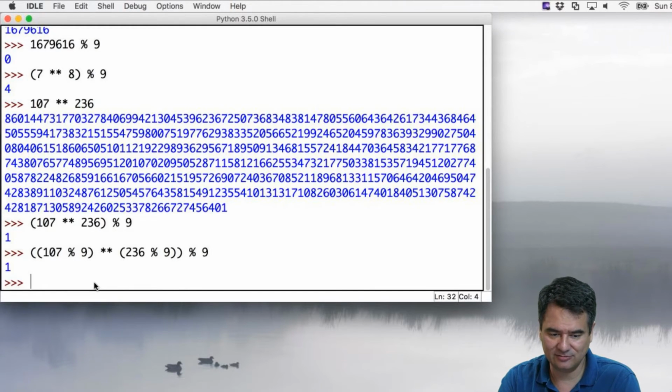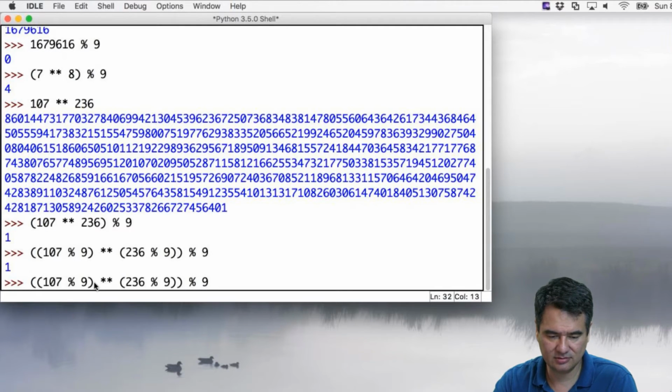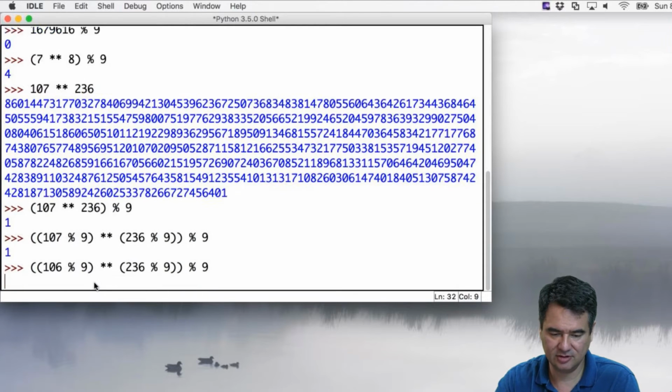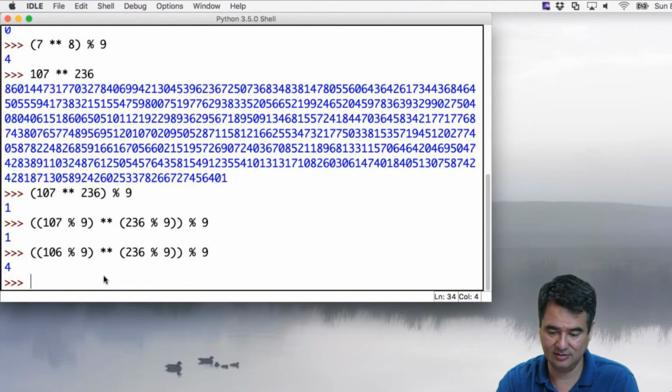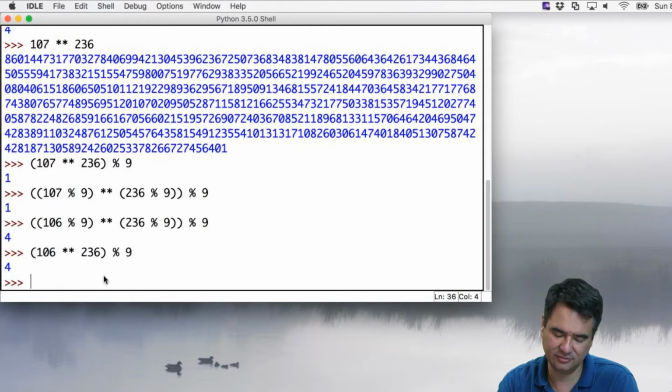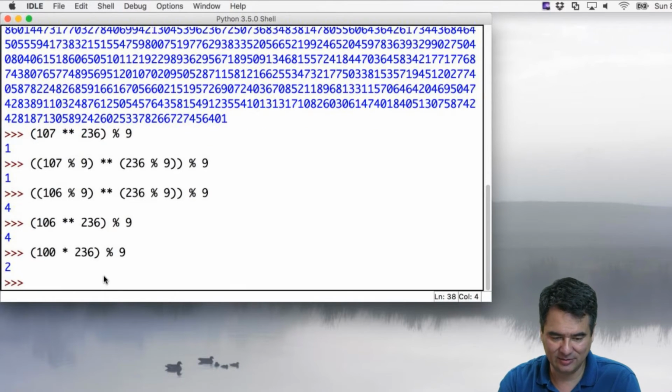Let's try different numbers. Let's try 106. That comes out to be 4. Okay, 106 to 236 mod 9 also comes out to be 4. How about that one? That's 2.